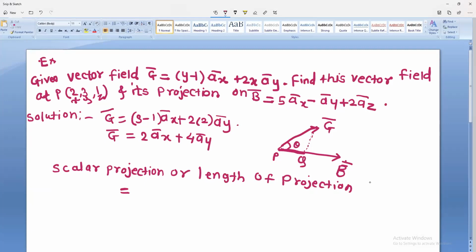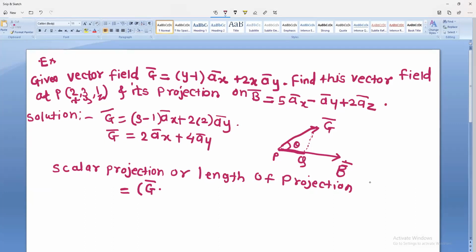The scalar projection or length of projection is a scalar quantity, and that is a dot product, right? So formula for that is any vector which you are projecting, that is G bar, and the unit vector in which direction you are projecting that vector.